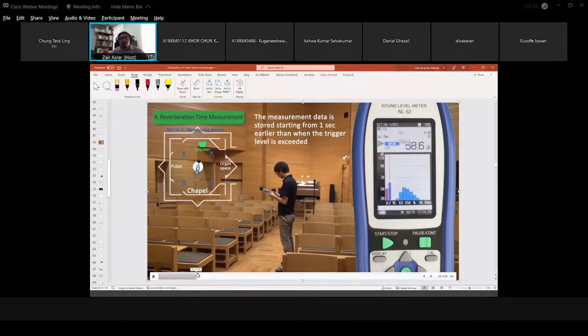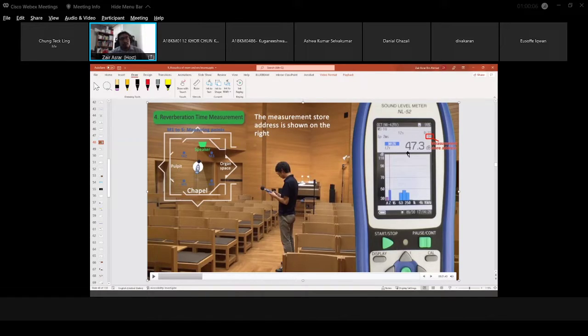When we stop the sound source, it will decay. The sound energy will decay due to the amount of absorption in that particular hall. It will decay, but it will not fall to zero. It will fall to the background noise level within that hall, which is equals to 47.3. So from 80 to 47.3 is roughly about 30 to 40 dB, so we are not reaching 60 dB at all.